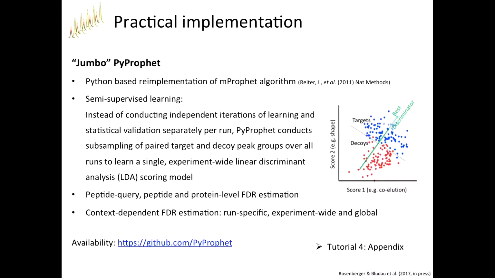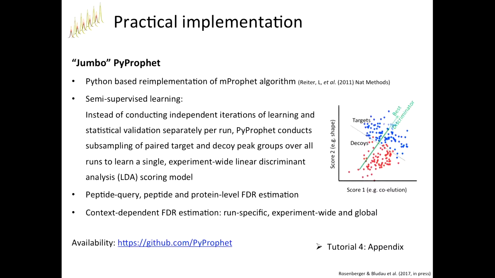What's new in this jumbo PyProphet is that we perform the semi-supervised learning step that Ludovic mentioned not on a per-run basis, but we subsample across the entire data set and then do a global machine learning to get the best weights for each of these scores for the entire data set so that these scores are better comparable.